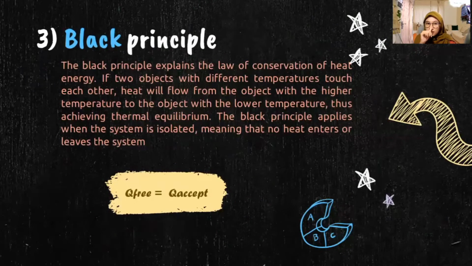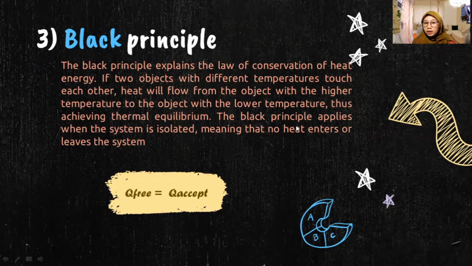The next is Black principle. The Black principle explains the law of conservation of heat energy. If two objects with different temperatures touch each other, heat will flow from the object with the higher temperature to the object with the lower temperature, thus achieving thermal equilibrium.